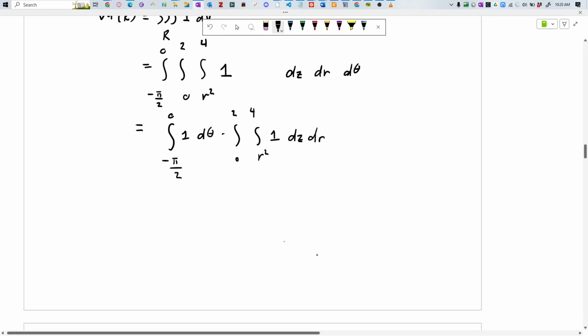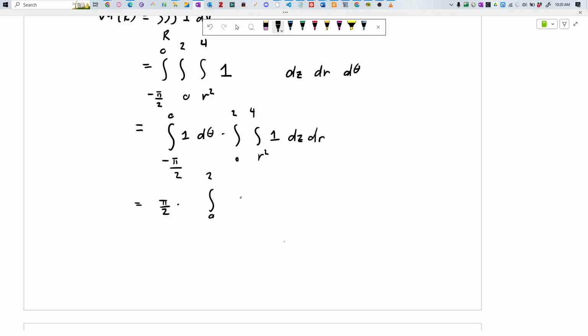Okay. Well, this integral is easy to compute. This is just the length of this line segment from negative pi over 2 to 0, so that's just going to be pi over 2. This integral, well, we need to do a bit of work on that.